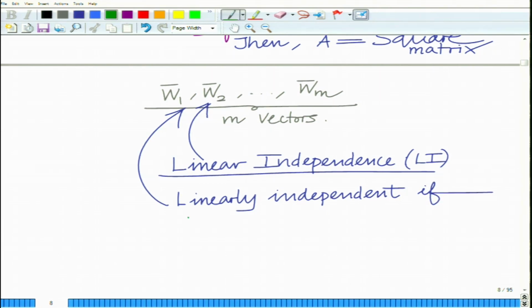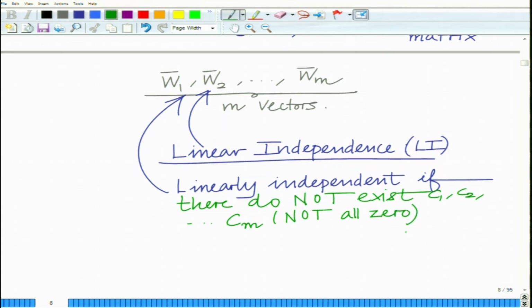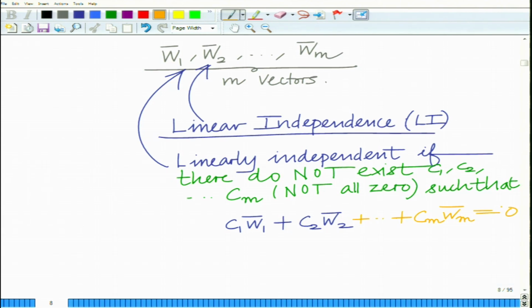if there do not exist c1, c2, so on up to cm not all 0, that is all of them cannot be 0, such that c1 w bar 1 plus c2 w bar 2 plus so on plus cm w bar m equals 0.